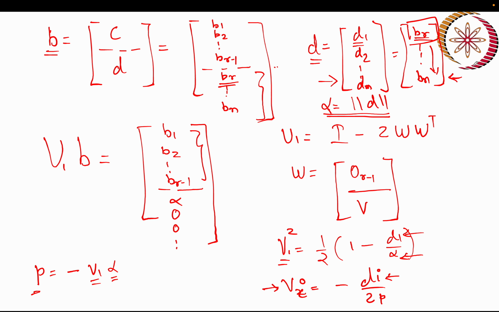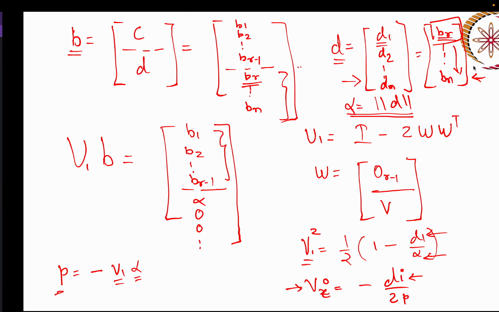Okay, so I will quickly take one example of this, and I hope that you can get more clarity on this. So u is equal to, let's say, 1 3 4, 3 1 2, 4 2 1.